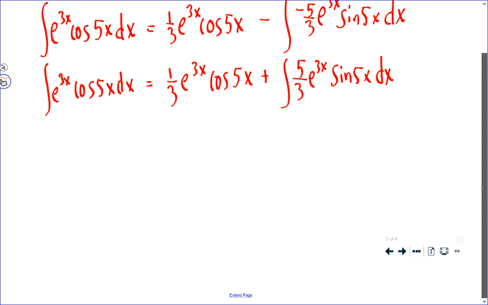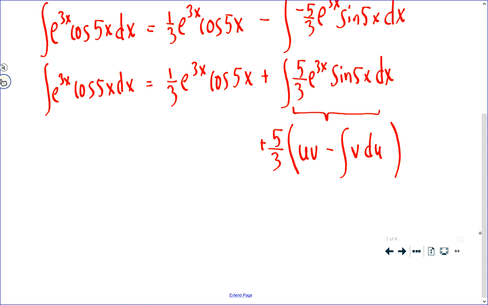Now, under most circumstances, I would recommend taking that 5/3 and putting it outside of the integral. I'm going to write this down, but then I'm going to erase it. So if you take that 5/3 out, then you will end up having that integral, but that integral, everybody, is going to be a uv minus an integral v du.